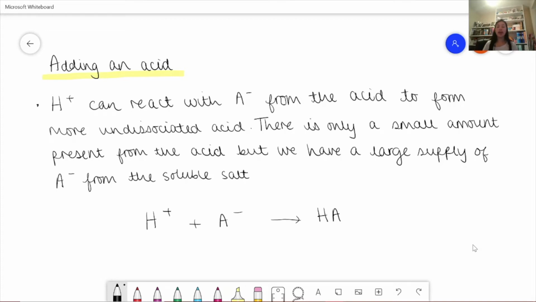And so the A minus from the soluble salt, eventually when the A minus from the weak acid has all been used up, then reacts with the H plus from the added acid. So the A minus is from the soluble salt, and this forms more undissociated acid, HA.